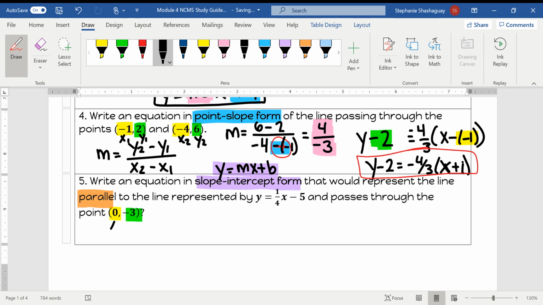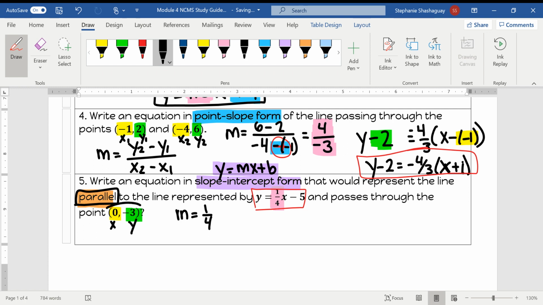So this is going to be my x, this is going to be my y. And the only thing I need from this equation right here is the slope. So the slope for the given line is equal to 1/4. So the slope of my parallel line will also have to be equal to 1/4.